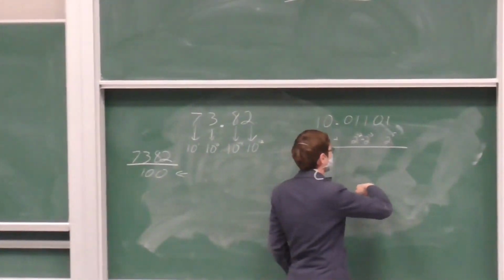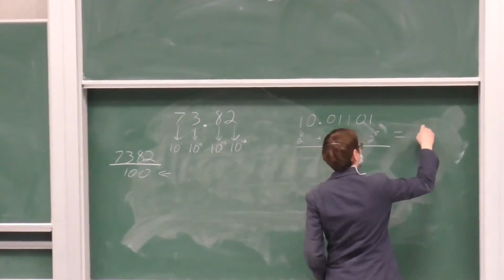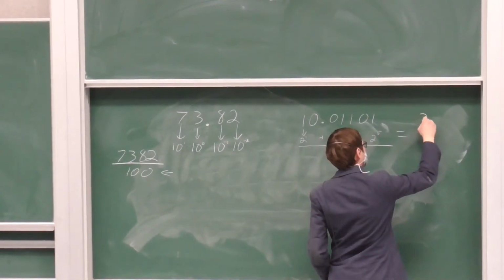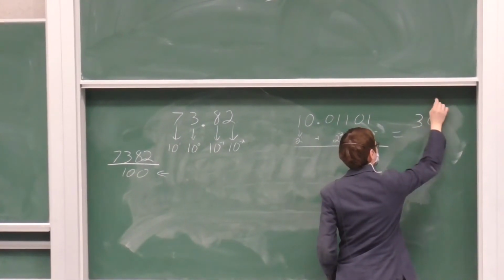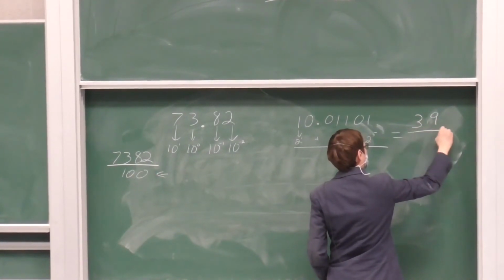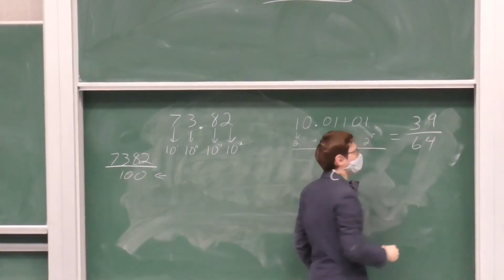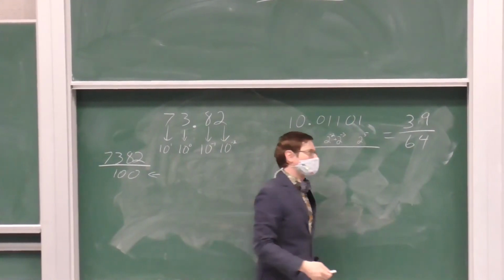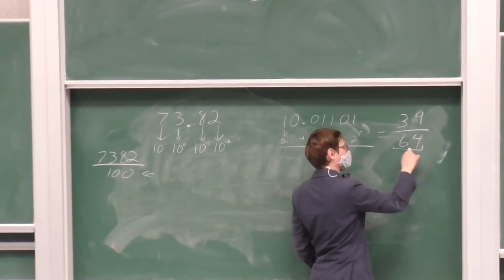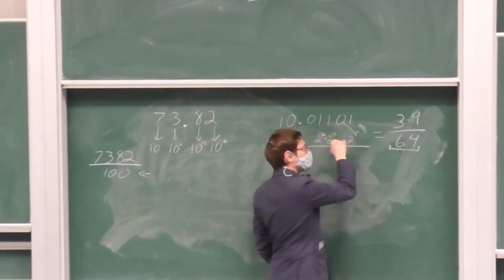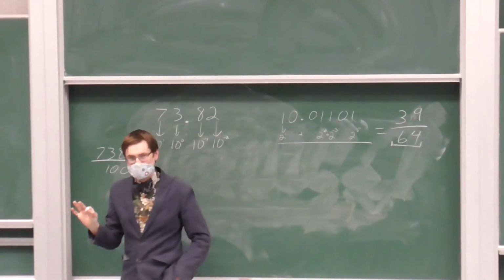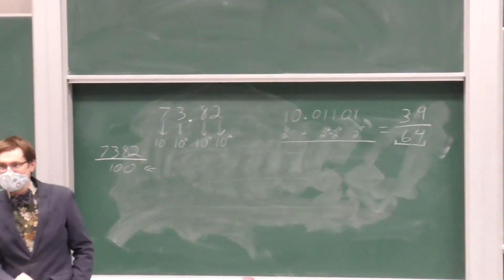I'm not going to do the math, but let's imagine it comes out to 39 out of 64. It only works because this is an even power of 2. That's the reason it has finite representation inside of the binary system.